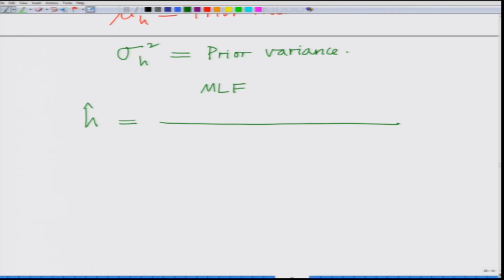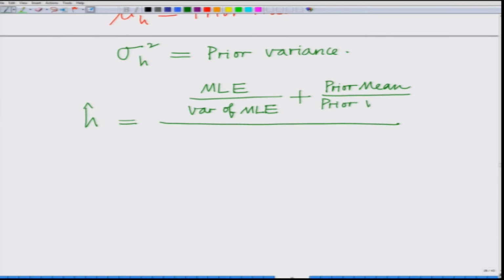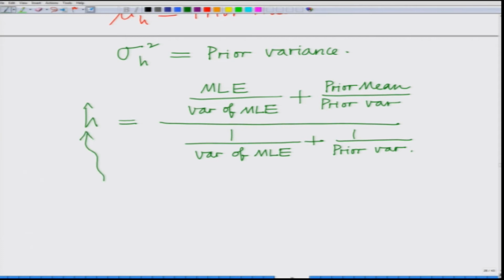Therefore, we also have another very beautiful interpretation of the MMSE estimate: it is the ML estimate divided by the variance of the maximum likelihood estimate, plus prior mean divided by prior variance, divided by 1 by variance of MLE plus 1 by prior variance.